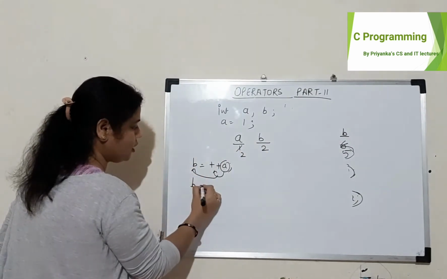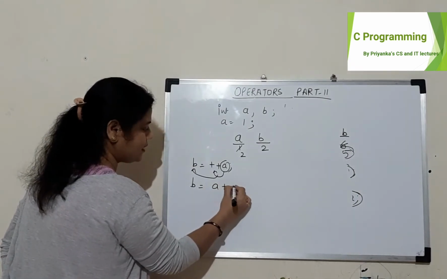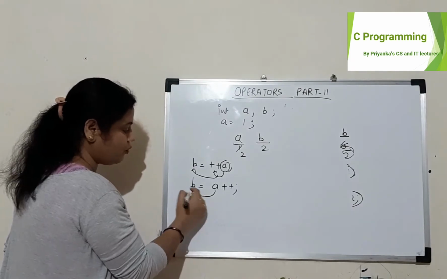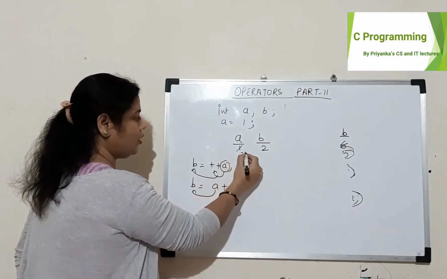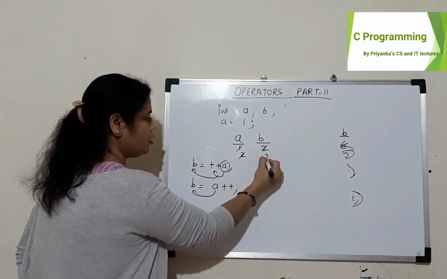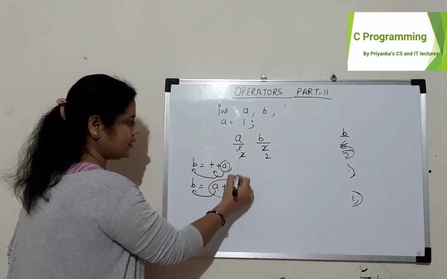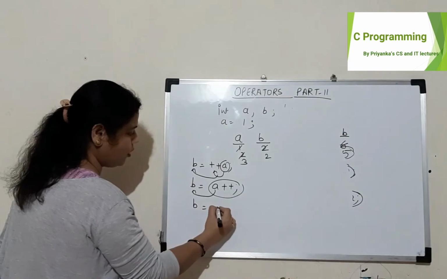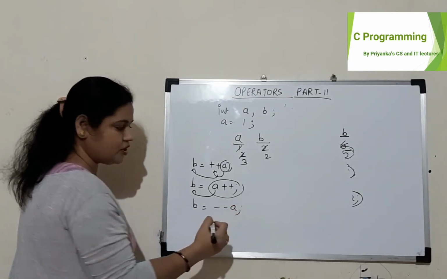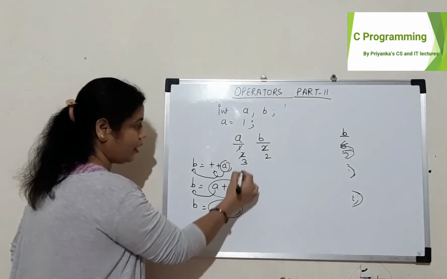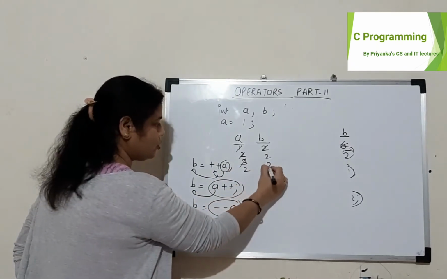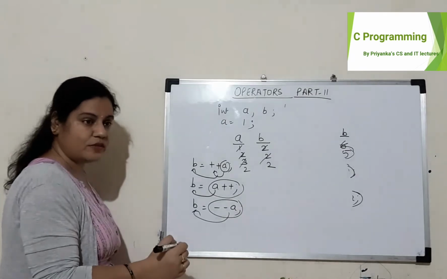If I say b = a++, then first of all it will assign its latest value, which is 2, into b, and then it will increase itself to 3. If I say b = --a, then first of all it will decrease its value, it will become 2, and then it will assign its value into b, so the latest value is 2.